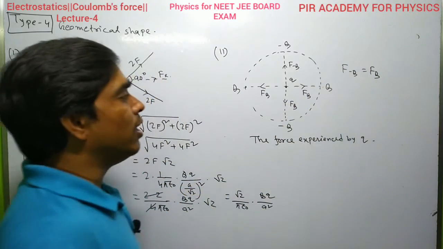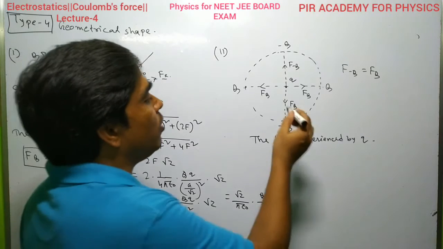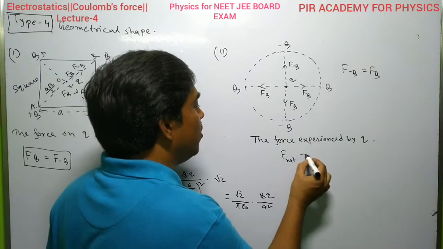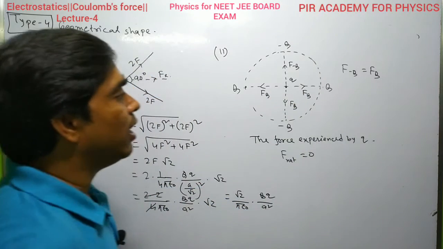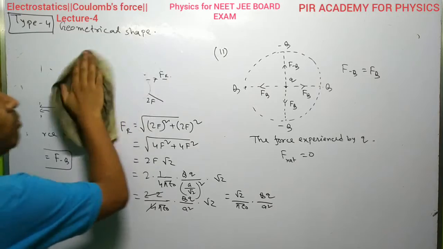All charges are equal, all forces are equal, so the total force on q will be 0. The net force will be 0 because all the forces cancel each other. So this is another problem. Now geometrical shape, now number 3.